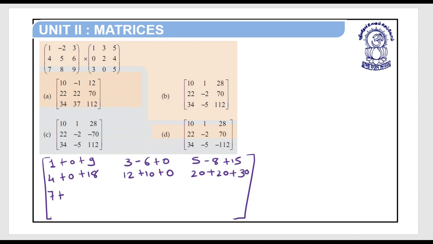plus 8 into 0 0, 9 3s are 27, 7 3s are 21, 8 2s are 16, 9 into 0 0, 7 5s are 35, 8 4s are 32, 9 5s are 45.